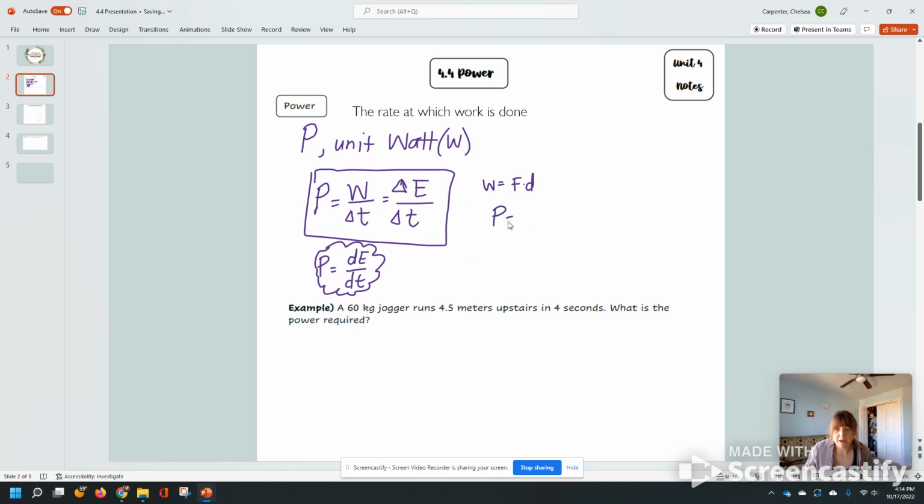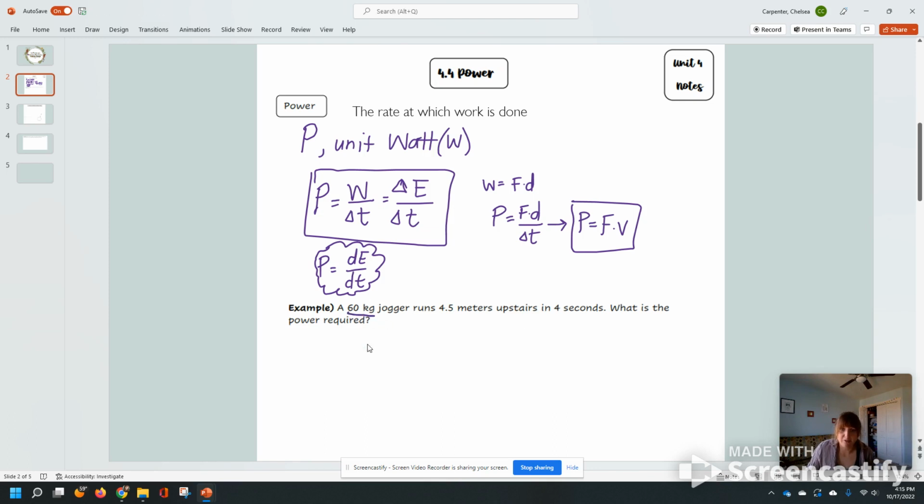So power is actually going to be force times distance over some change in time. And distance over change in time, that's just speed. So another equation for power is force times speed. So two equations. You can use whichever one you want as long as it makes sense with the question. So I'll show you how you can use either one for this equation down below.